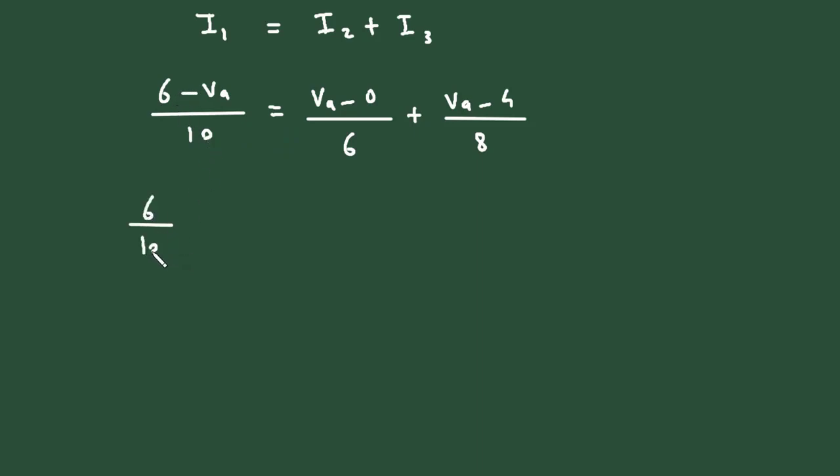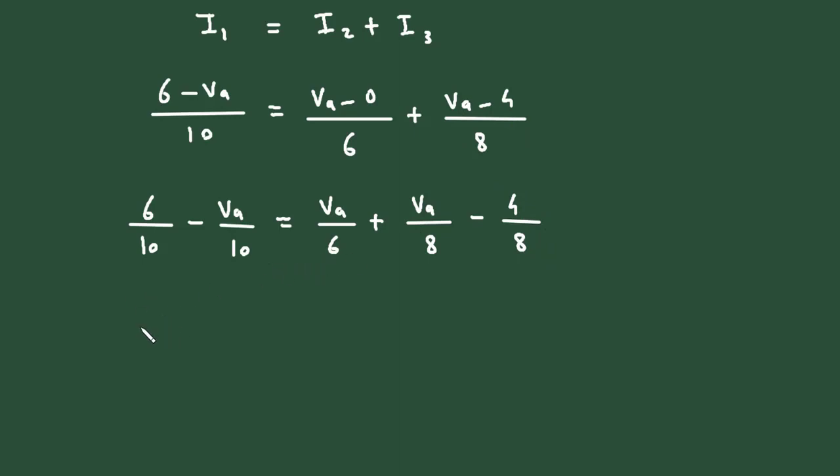So it will be 6 divided by 10 minus VA by 10 is equal to VA by 6, then plus VA by 8, then minus 4 by 8. Let's simplify this again.